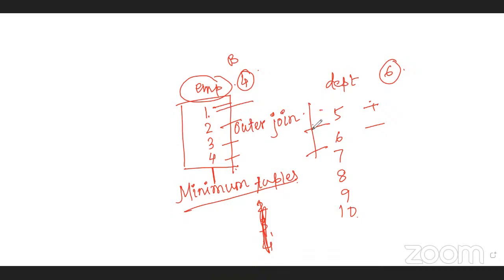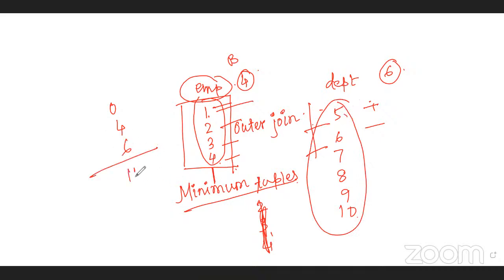It will first take the matching values of the columns. Is there any match? No, no, no, means 0. Then it will return all the tuples from the left side, which is 4, and from the right side, which is 6. Then the total number of tuples is 10. So the maximum is 10.